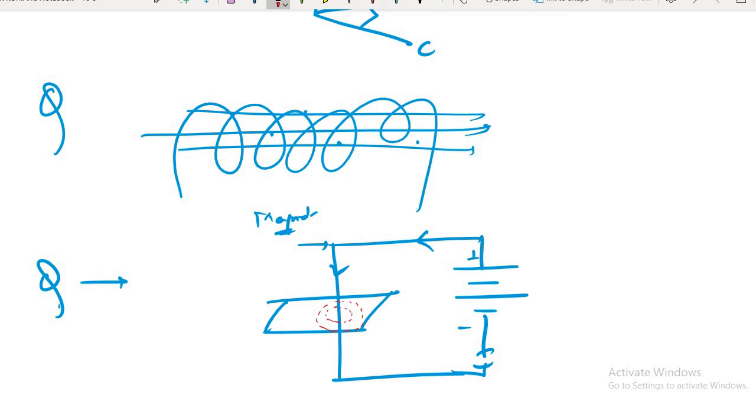These rings are concentric in nature. Concentric means circles having the same center but varying radius. So always remember, the magnetic field pattern for a straight current carrying conductor is in the form of concentric circles.